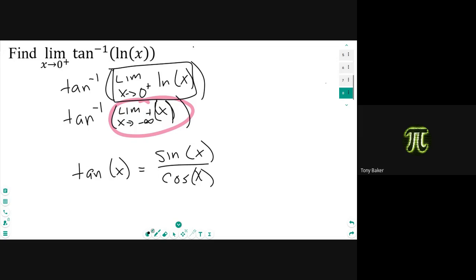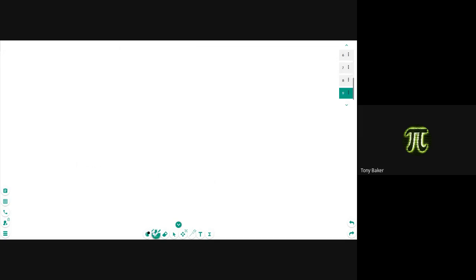Forget the arctangent. We're just looking at the limit as x goes to 0 from the right of ln of x. The answer to this question is the limit as x goes to negative infinity, sorry.